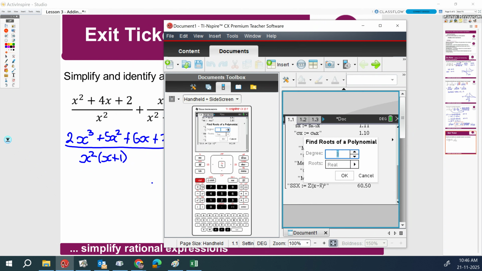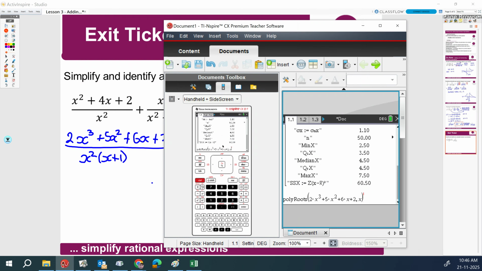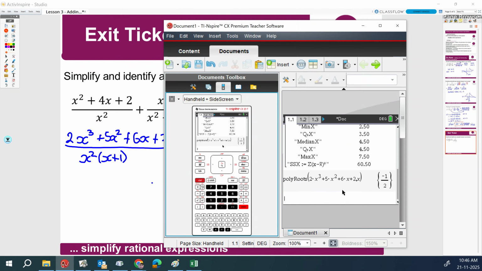I'm going to increase the degree to third degree, and then I'm going to type in the coefficients. What are the coefficients? 2, 5, 6, 2. Press tab to move easily between them. If I solve this, it tells me that I have x equals negative a half.